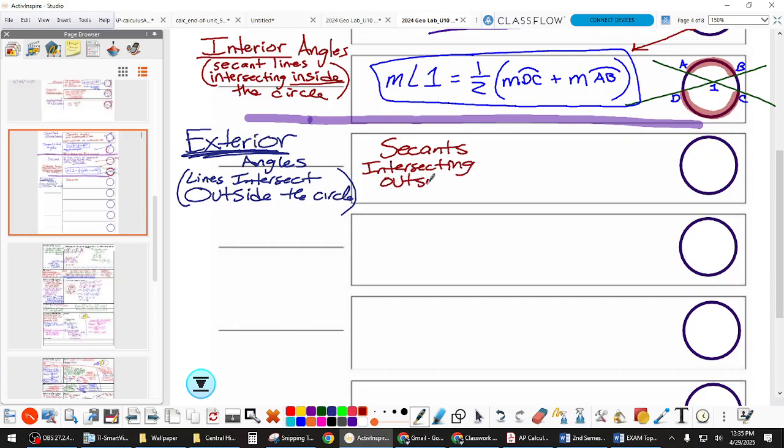So secants intersecting outside. So just draw two secants intersecting outside. And then if you're using a highlighter, and if not, that's fine, but let's go ahead and highlight the two arcs. So we have a bigger one and a smaller one that kind of sit inside the angle, or in between the two secants.